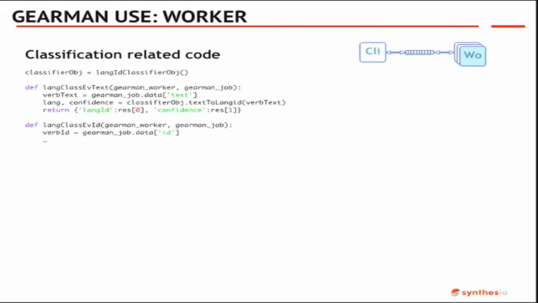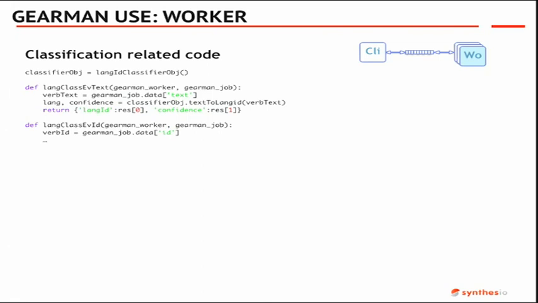So we start by defining what the worker needs to do. In our case, we want to do language classification. So here we create our language ID classifier object, which is basically just a model to identify the language. And we identify the methods, in this case the functions, what is actually done.